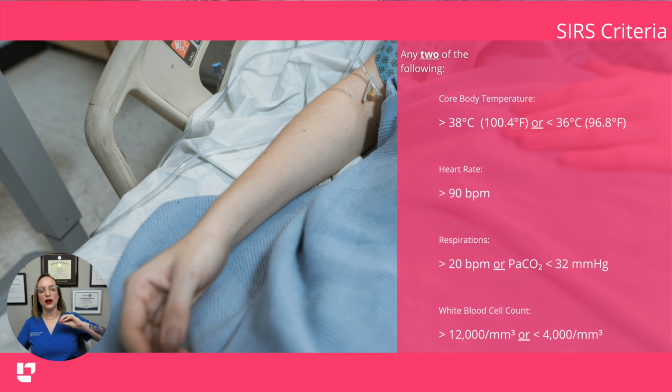So we're used to thinking of a really high white blood cell count, and that could be possible. But do not miss the more subtle finding of having a depressed white blood cell count. If we have leukopenia less than 4,000, we need to be concerned for SIRS as well. So again, remember, this doesn't necessarily mean infection, it means badness of some sort. So these are the SIRS criteria that you have to know.